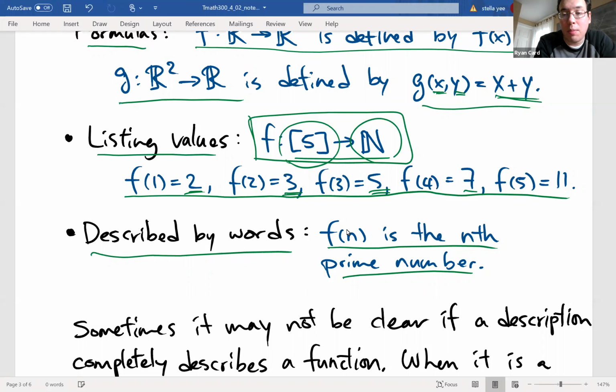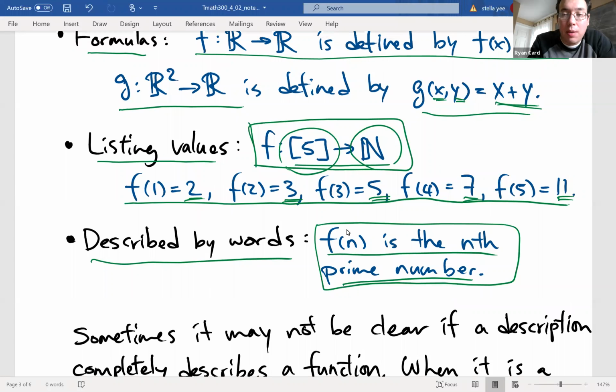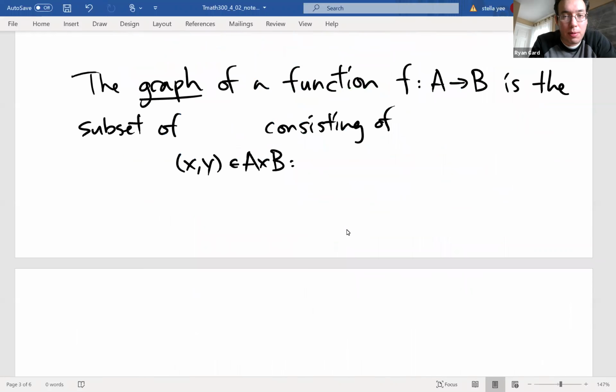That might be a slightly more elegant way to describe it if there's a pattern to it. As long as you can describe what the output should be in an unambiguous way, you don't have to have a formula to have a function. Okay, all right.